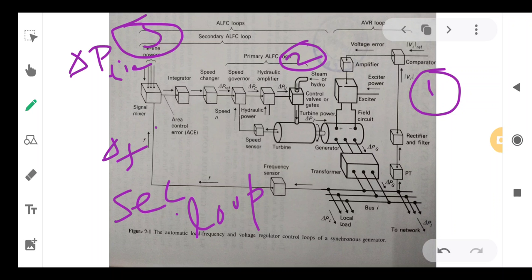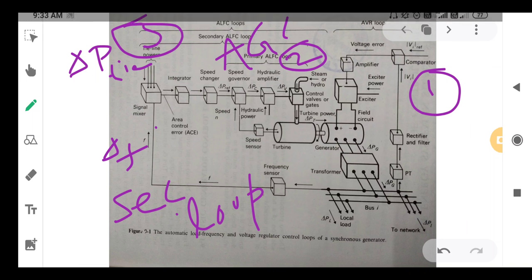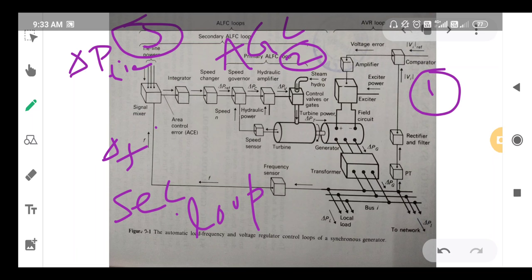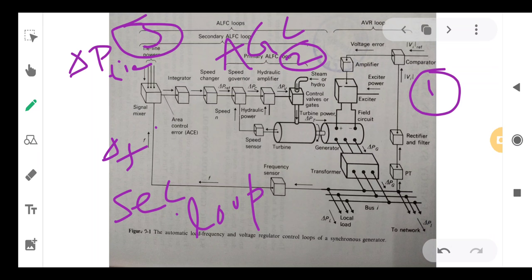So, within the control area, if any dynamics are required, the primary ALFC loop, also known as AGC, automatic generation control, will take care of your control area requirements, and the secondary loop will give you the zero steady state error, as well as it will take care of other area requirements with the help of delta P tie.